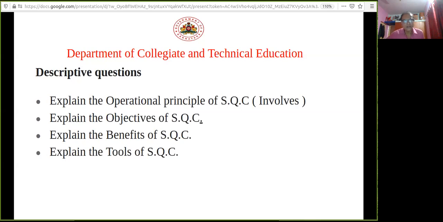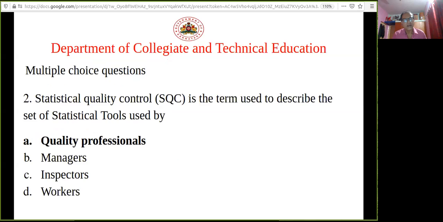The next point is that we have discussed the objectives of SQC. These are descriptive types of questions. The objectives and the benefits are the same. Whatever objectives I am talking about here are nothing but the benefits also.